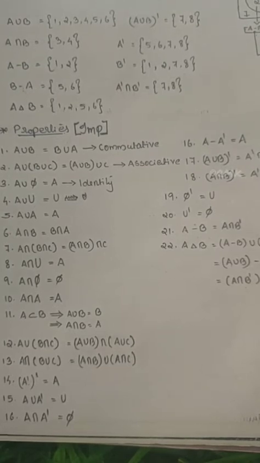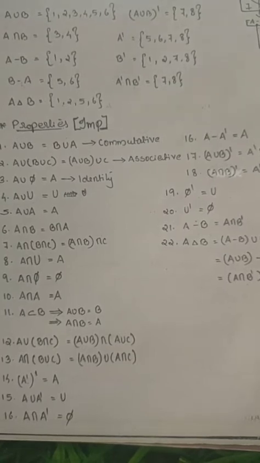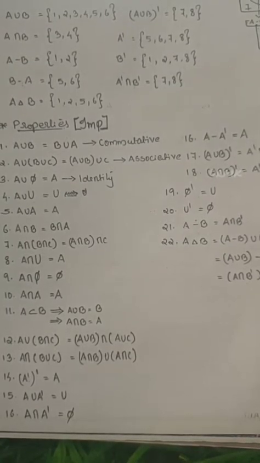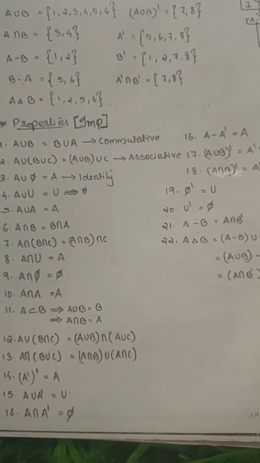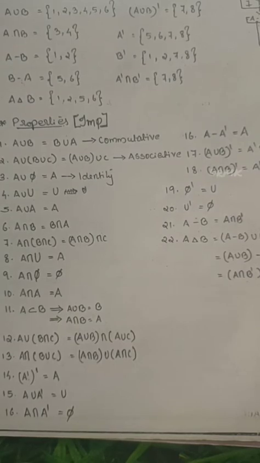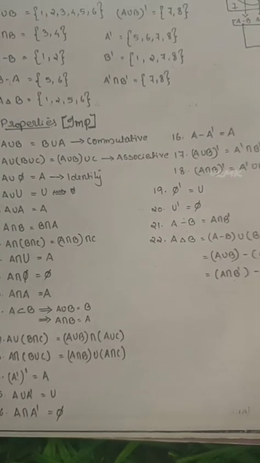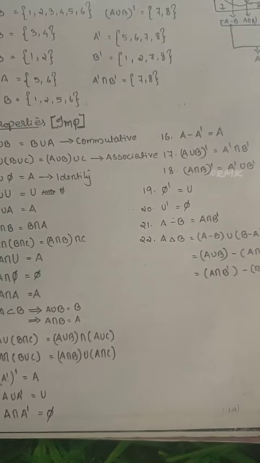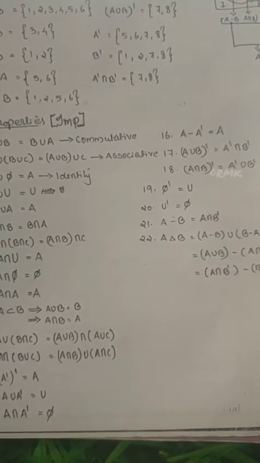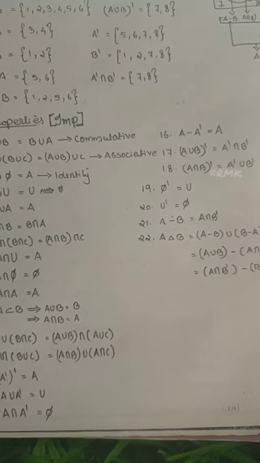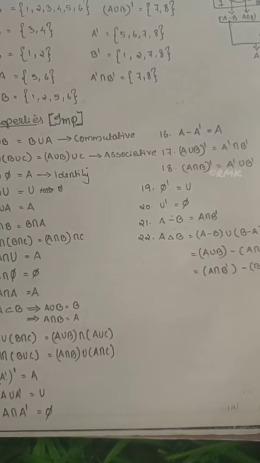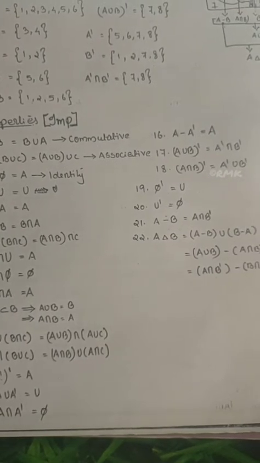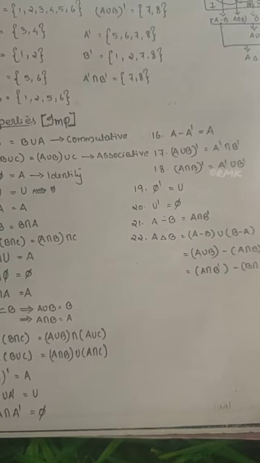A union A complement is equal to U, and A intersection A complement is equal to null set. The complement of (A union B) is equal to A complement intersection B complement, called De Morgan's law.